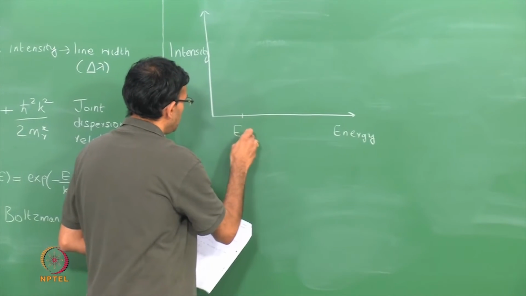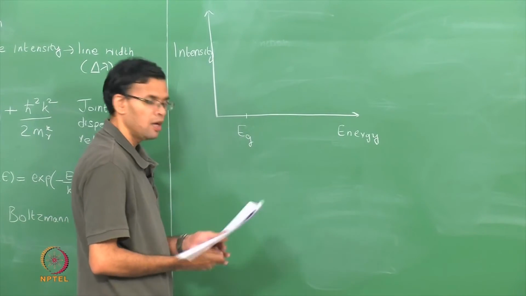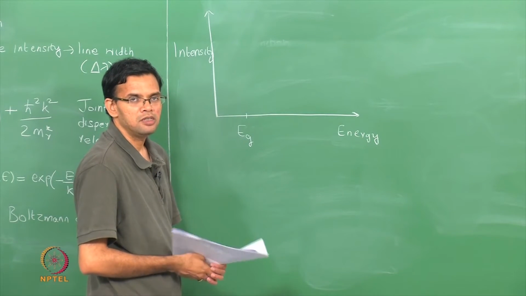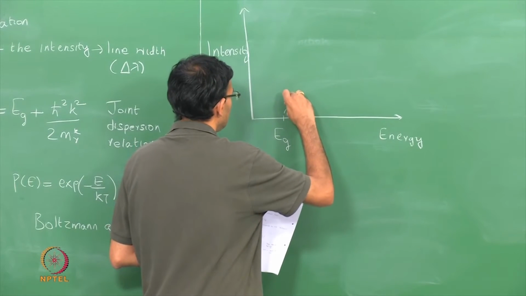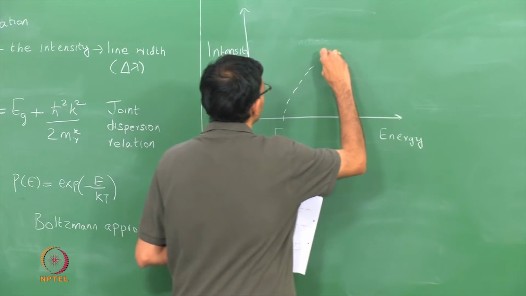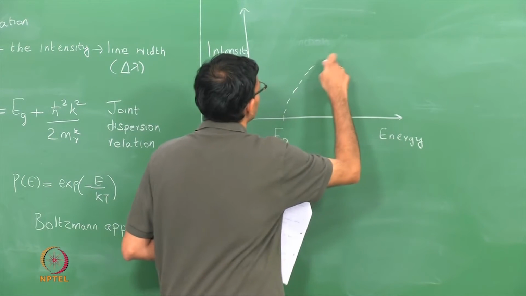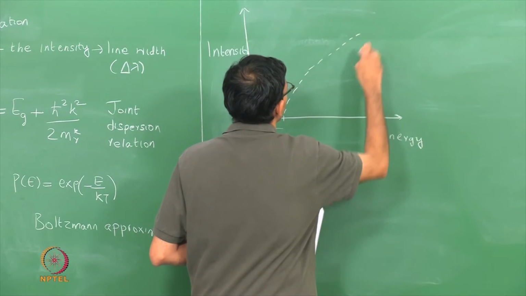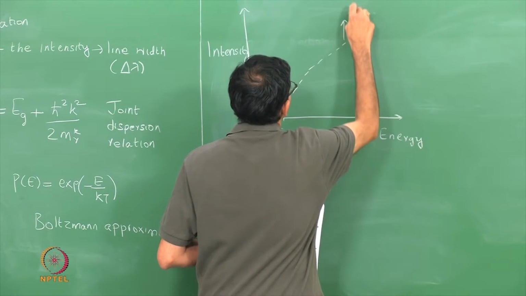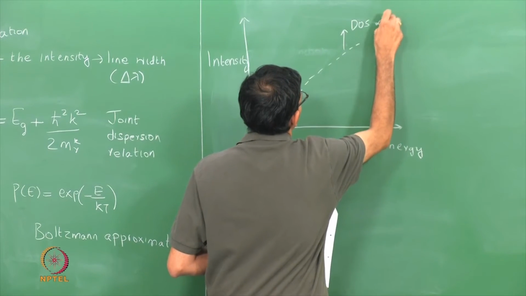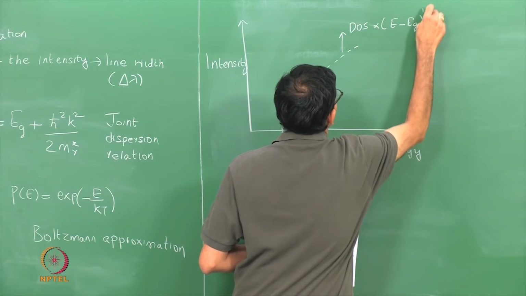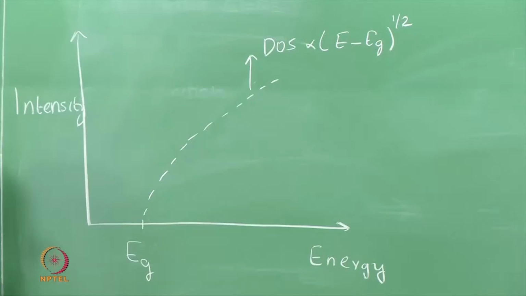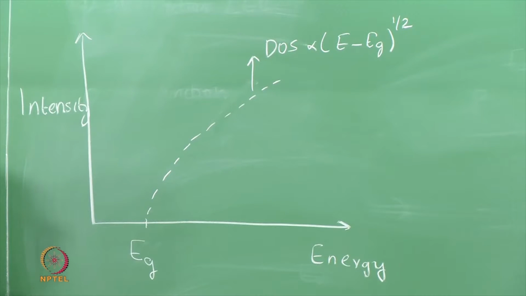So, the minimum energy is Eg. Now, the density of states function increases as square root of the energy. So, this is the density of states, it is proportional to square root of E minus Eg.